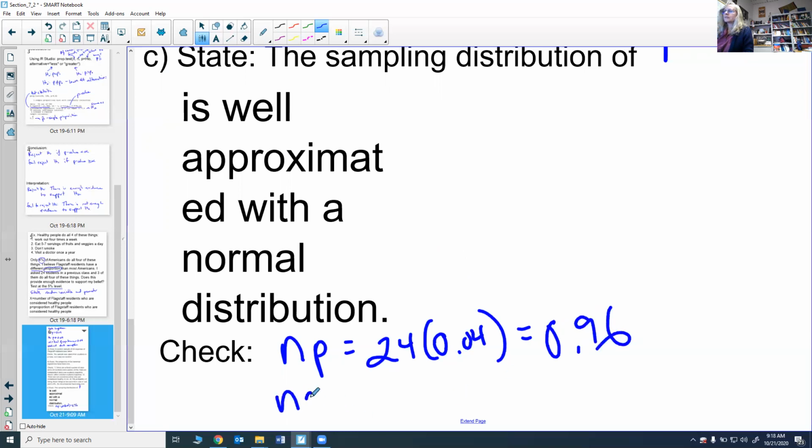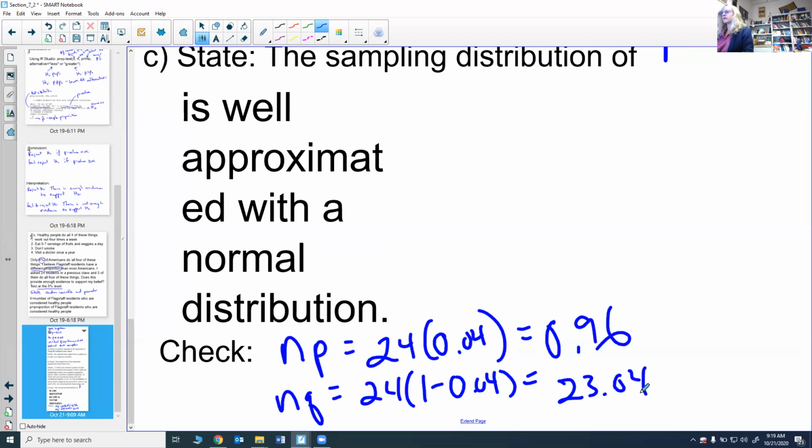And then we're going to do n times q, and q is 1 minus p. So it's going to be 24 times 0.96. And that's 23. I don't think this other one's right. Let me check that again. So 24 times 0.04. Yep, that is right. Okay.